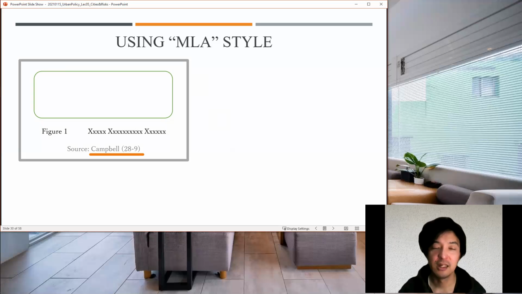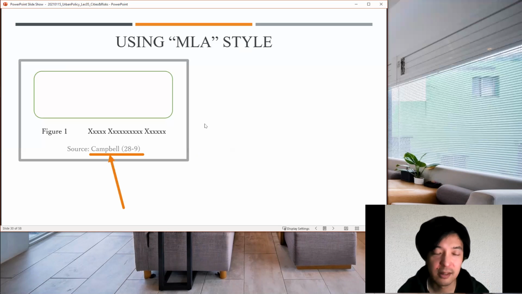This means that this figure was shown in Campbell's work, on pages 28 and 29. So the writer of this research report kind of copied it from this work by Campbell. Okay, this is what this phrase is showing.